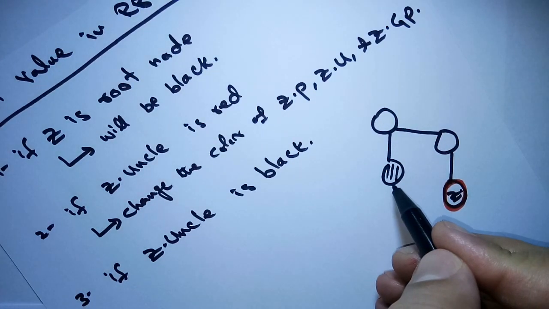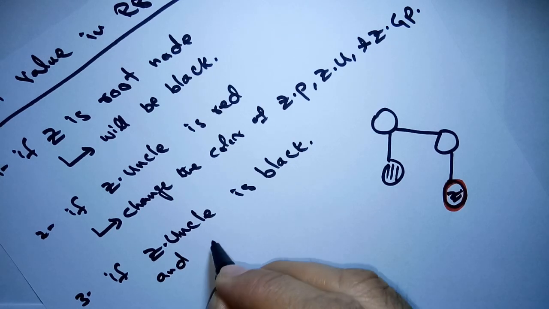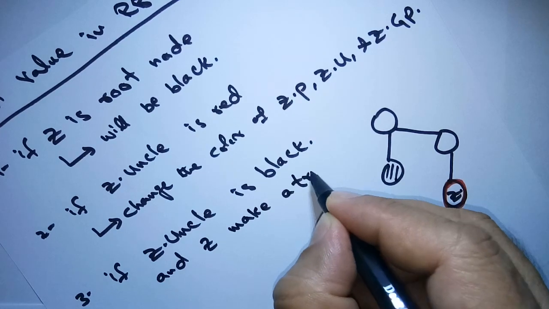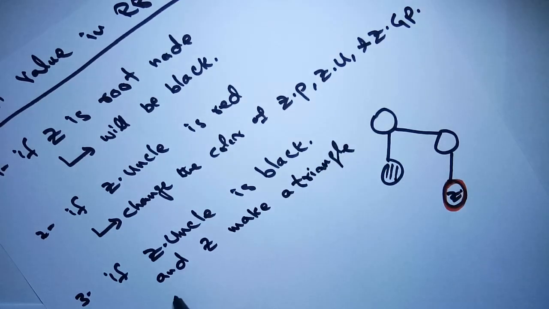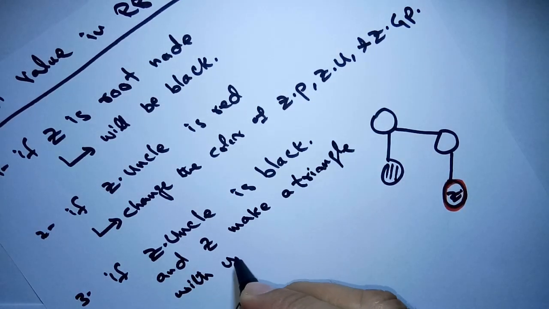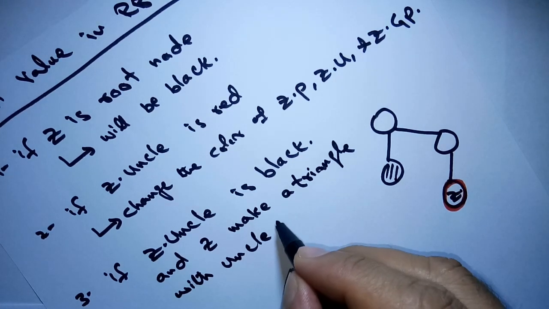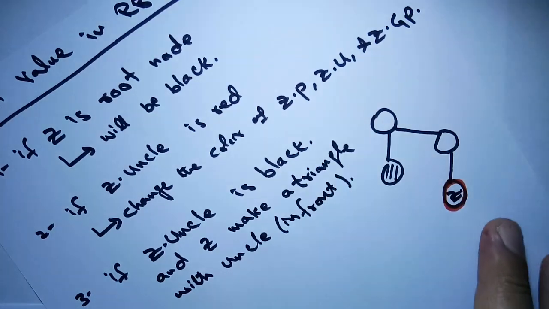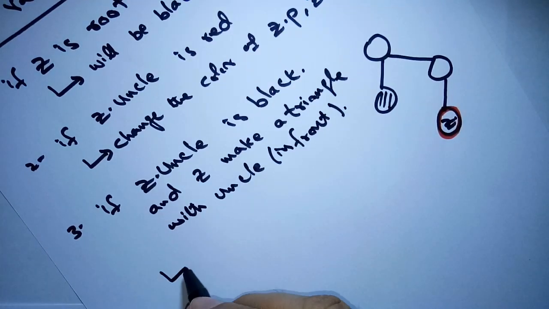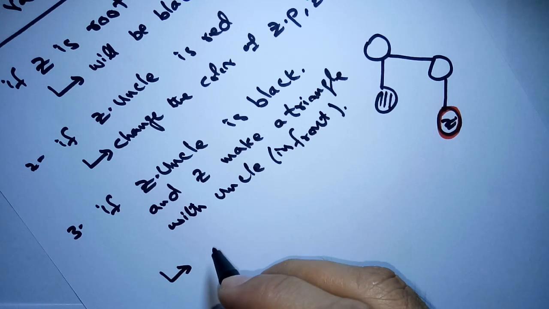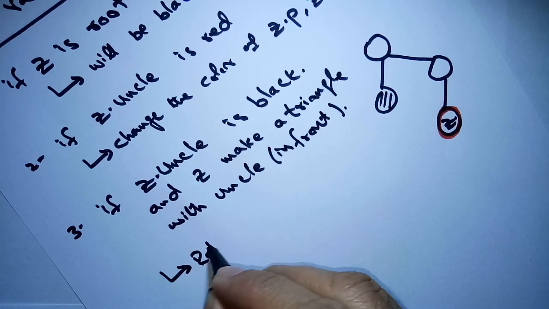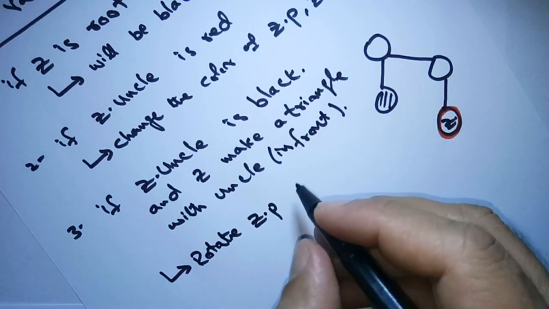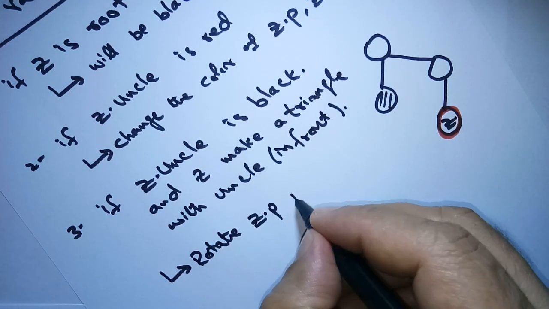If Z dot uncle is black and Z makes a triangle with uncle, or in other words, is in front of uncle, then the rule is to first rotate Z dot parent in the opposite direction.